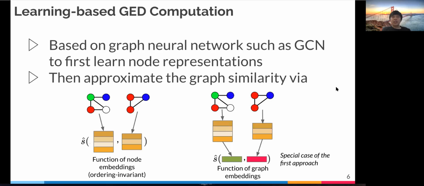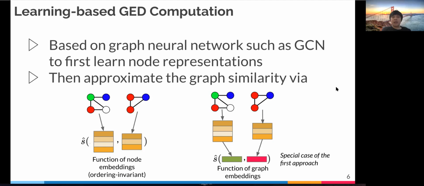Recently, there are some learning-based methods that approximate the similarity via trainable models such as GNNs. Essentially, the learning process in these models is divided into two steps. In the first step, the representations of the nodes are extracted via models such as GCN.